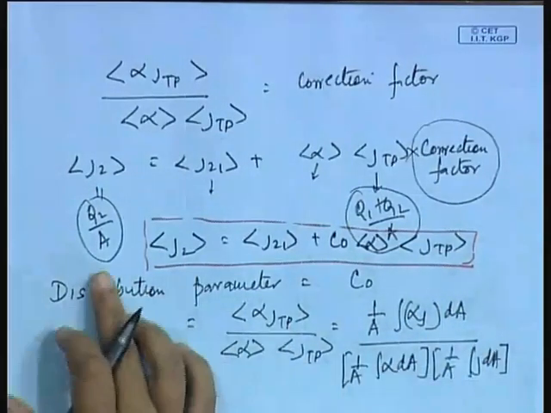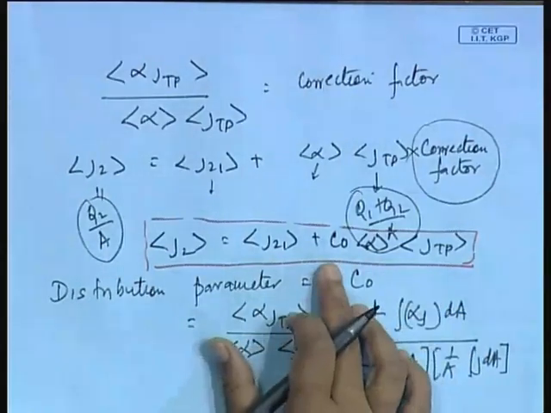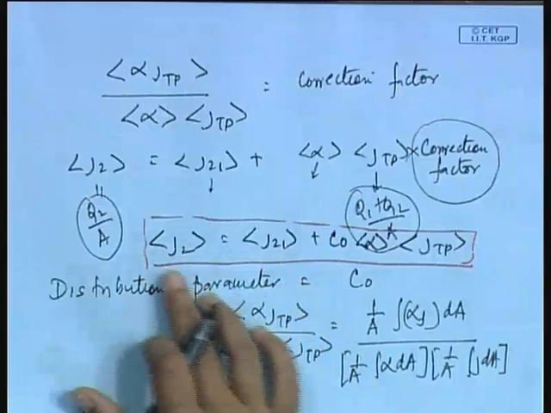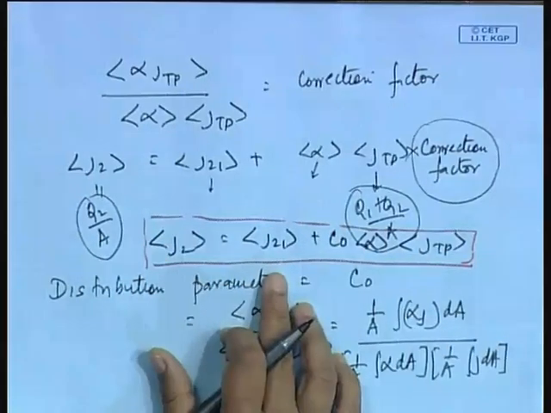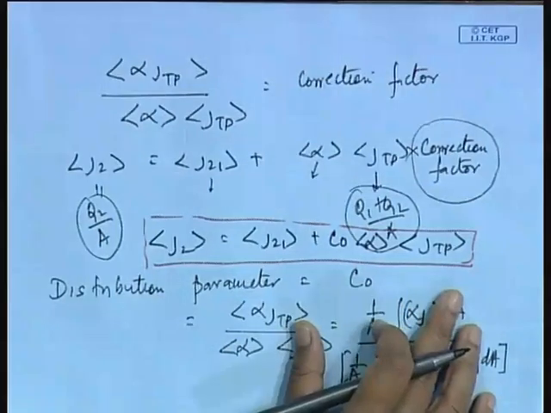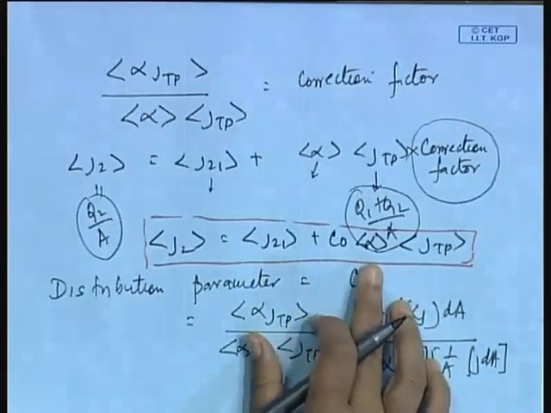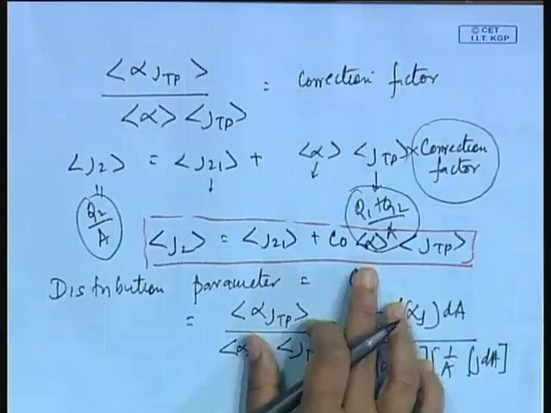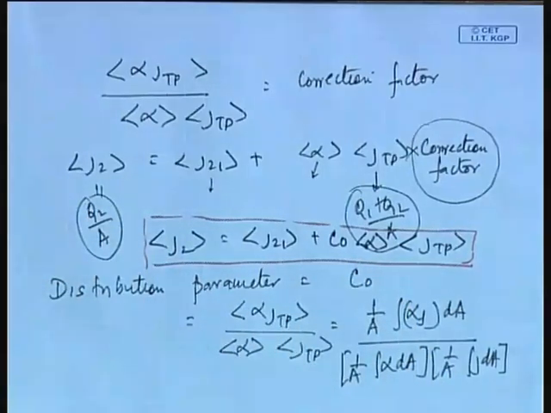So, in this term, if we can find out C0 and if we can find out J21, then more or less this equation can be used for finding out alpha, or for all practical purposes this equation can be used. Once we find alpha from this equation, it can be substituted in rho TP, U2, U1, kinetic energy terms, momentum flux terms, etc., and all the terms can be deduced accordingly.